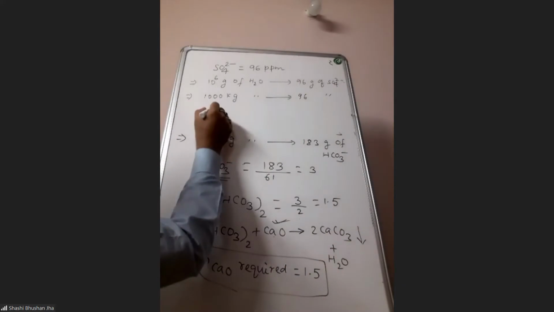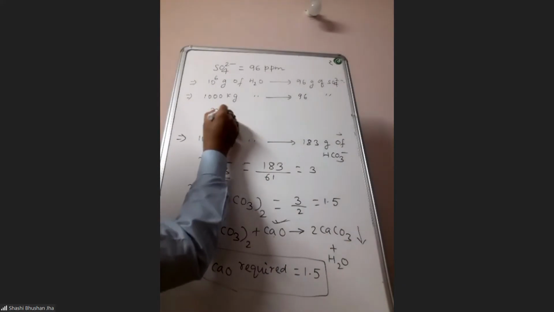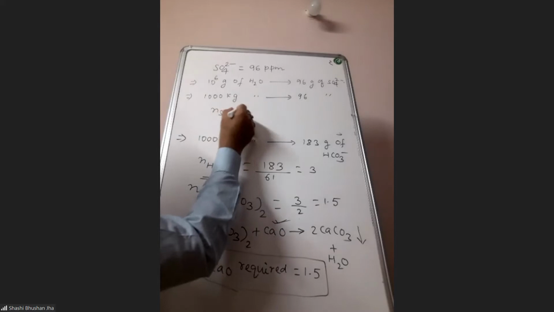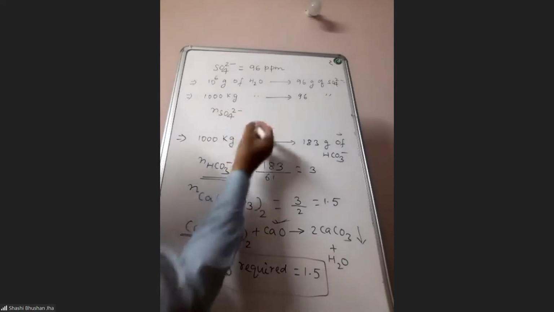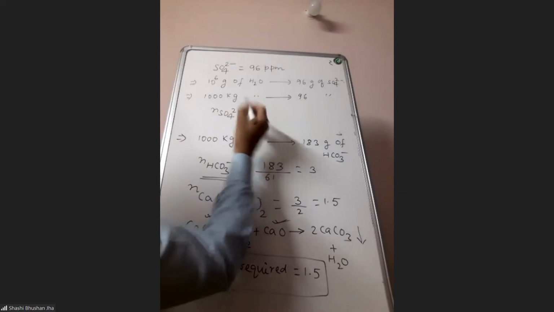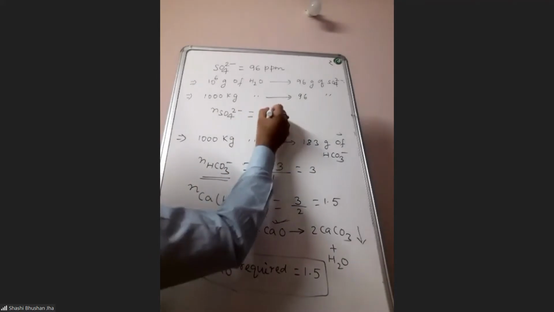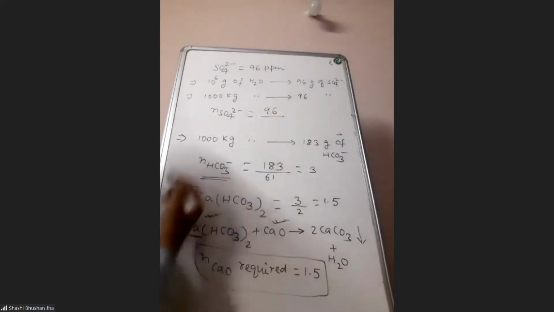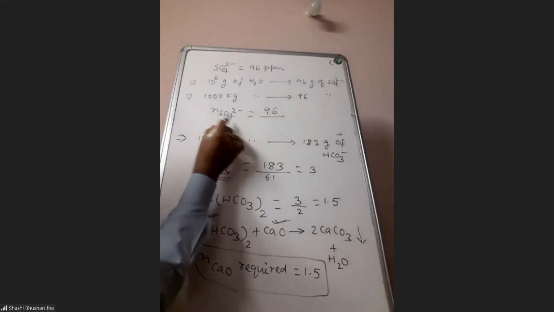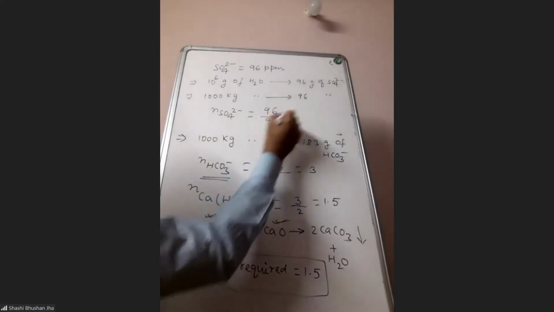So number of moles of sulfate in this 1000 kg of water will be weight of sulfate divided by the molecular weight of sulfate, and molecular weight of sulfate is also 96, so 1 mole.